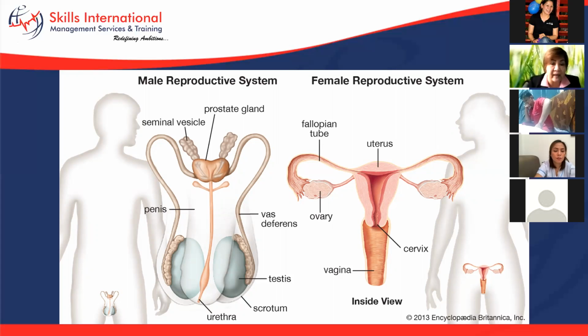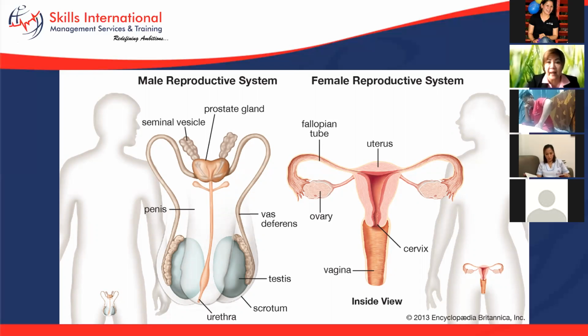So for a male, meron tayong tinatawag na prostate gland, meron tayong seminal vesicle, vas deferens, yung testis, scrotum, urethra, and the penis. So ito yon, okay?